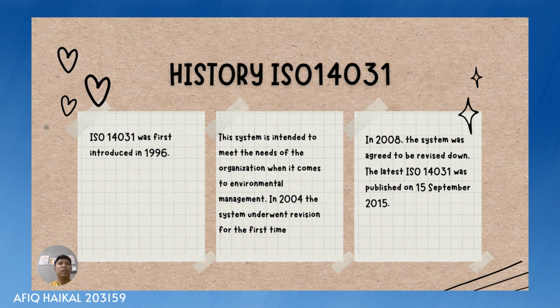In 2004, the system underwent revision for the first time. The last is in 2008, the system was agreed to be revised down. The latest ISO 14031 was published on 15 September 2015.